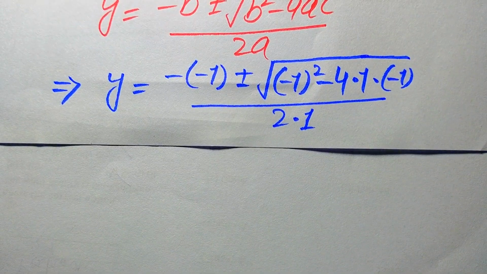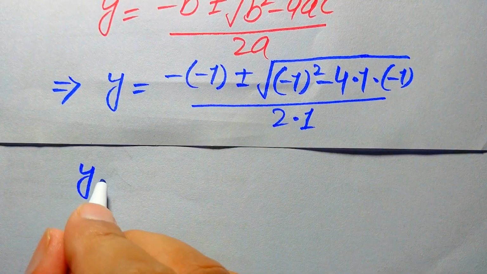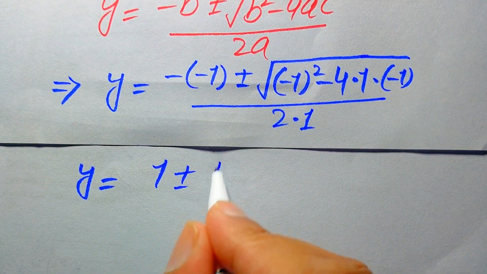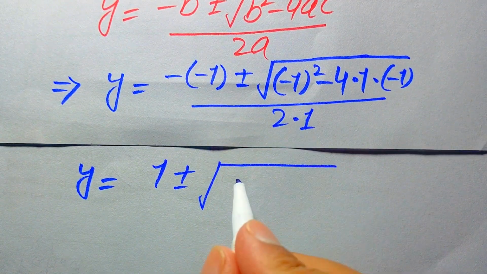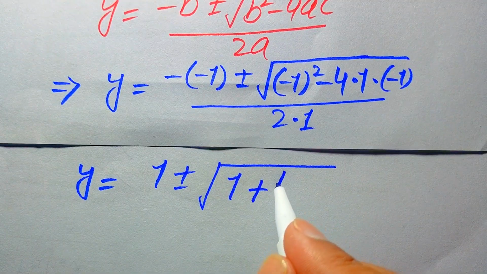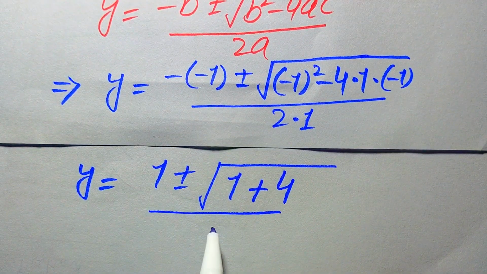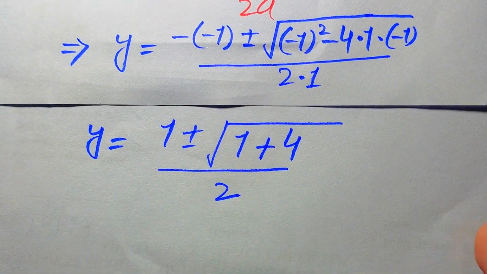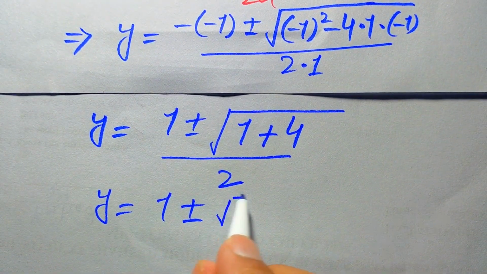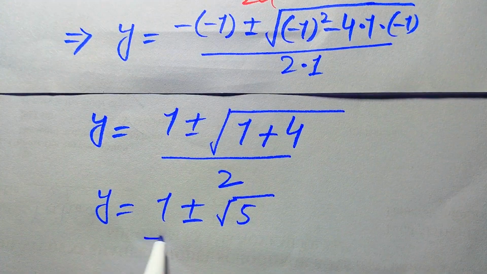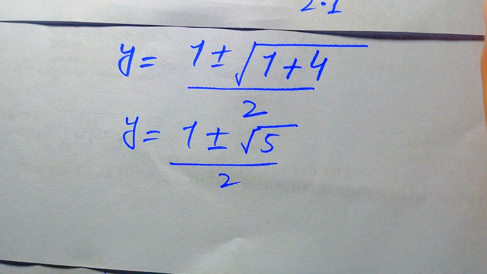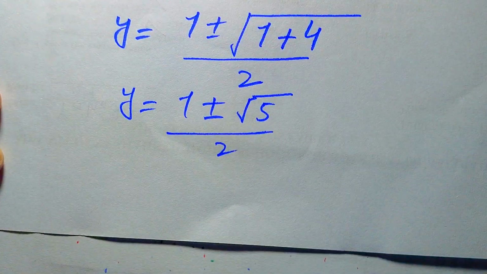Now in the next step we simplify further, and we get y equals, minus times minus becomes plus 1, plus minus square root of (-1) square, which is plus 1, and minus times minus becomes plus, 4 times 1 becomes 4, divided by 2. This implies that y equals 1 plus minus square root of 1 plus 4, which becomes 5, divided by 2. So these are the two values of y.